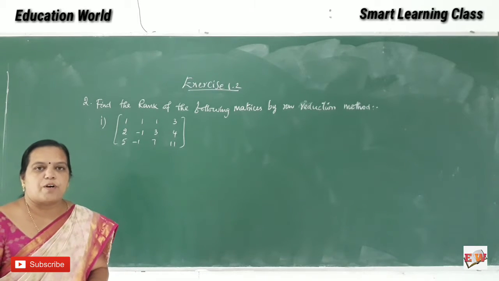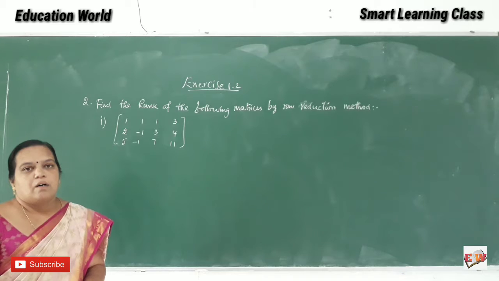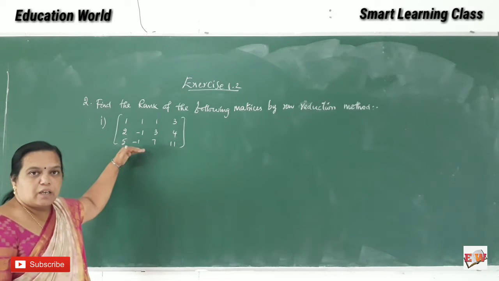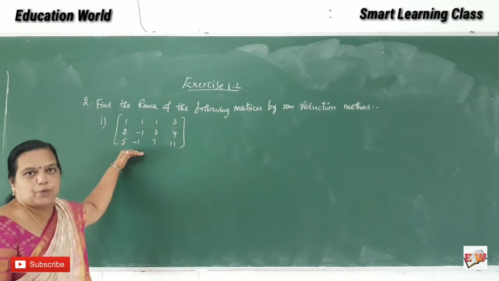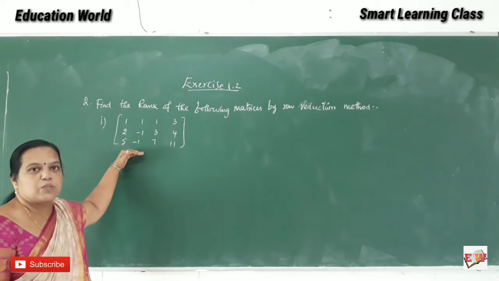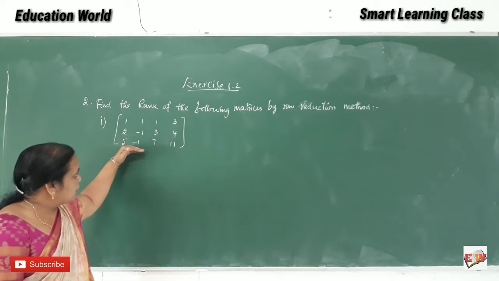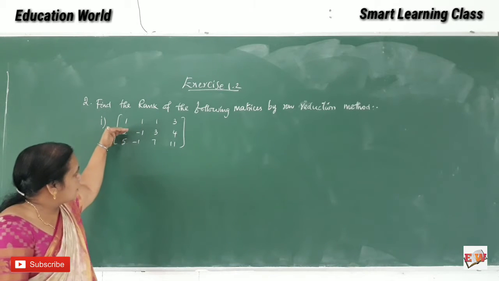What is the row echelon form? Already we have seen this. All elements of the bottom row should be 0, so that is known as the zero row. Below the higher row, this is known as the lower row.